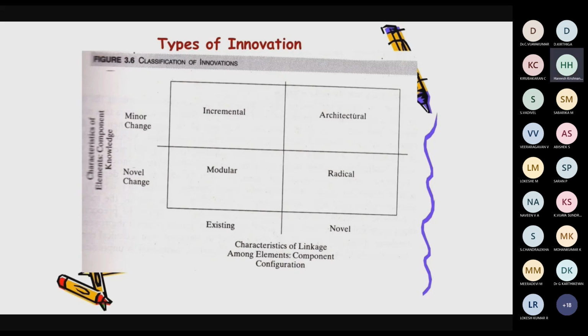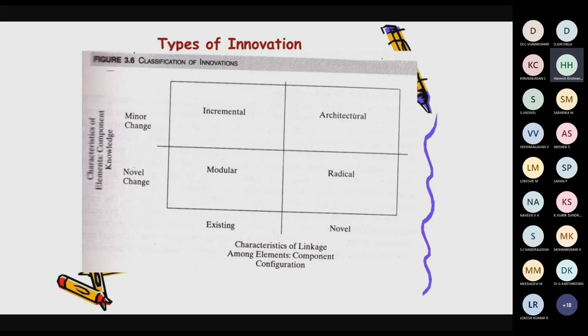So the next one is where we use existing components, but novel changes in the knowledge part. Then we can take it as modular innovation. For example, for the case of product technology, we can take digital telephones.